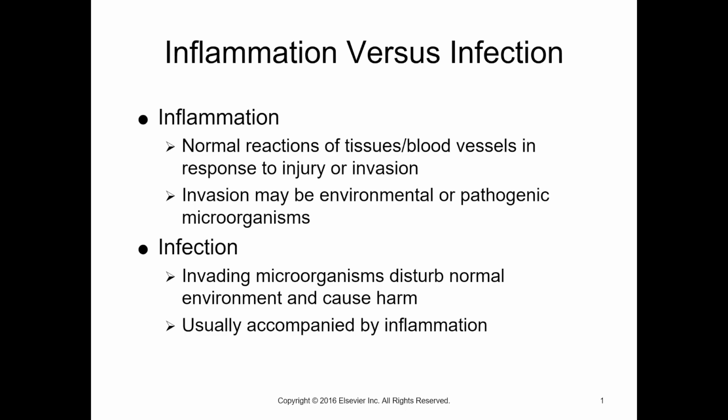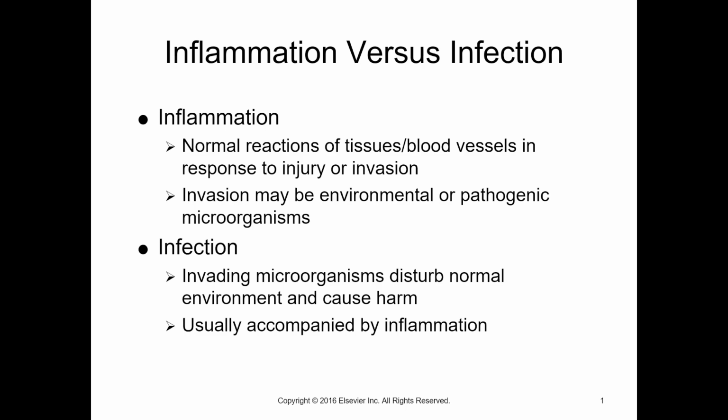So, inflammation is non-specific. Any type of damage in the body, no matter what that damage is, inflammation occurs from it. On the other hand, infection is related to a specific disruption of the body due to a pathogen.